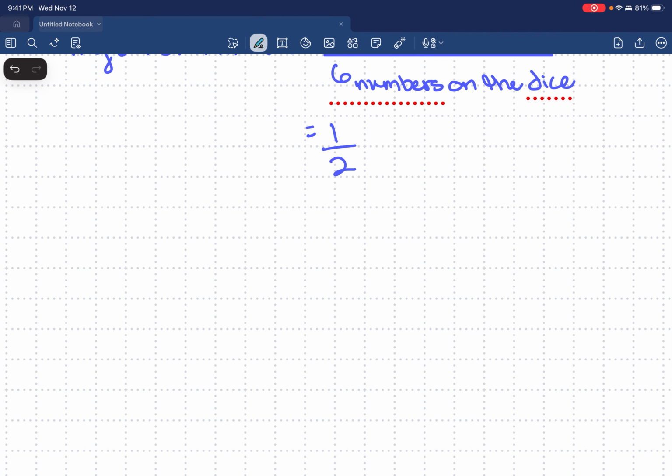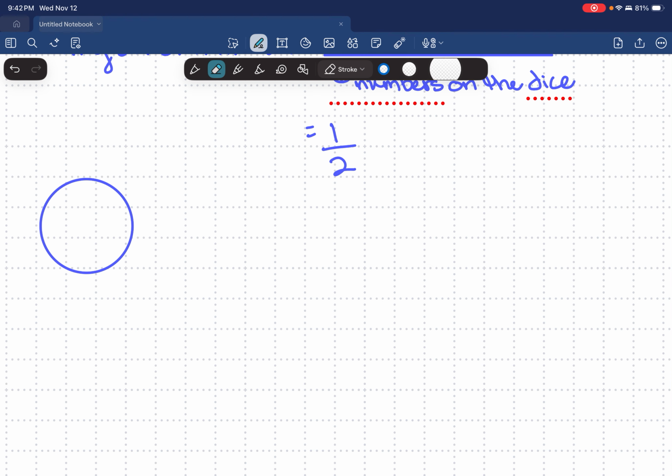So let's also think about, let's say, a spinner. Let me draw a spinner really quickly. There you go. Sorry. Let's break this up just a little.